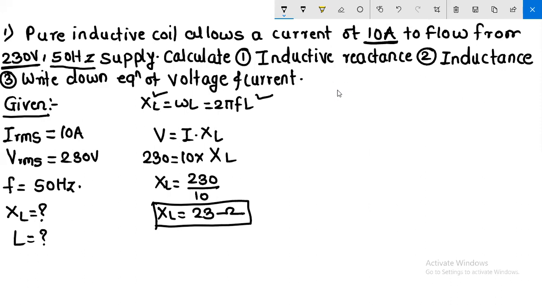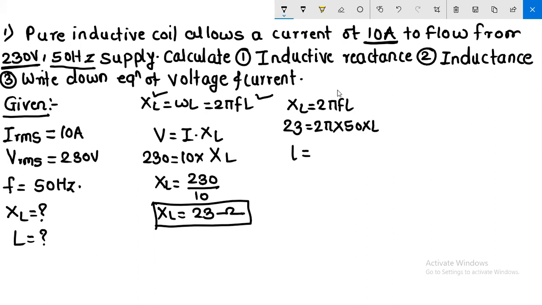Now use the formula XL is equal to 2 pi F into L. Put all the values: 23 is equal to 2 pi into frequency, which is 50, into L. So find out the value of inductance now.